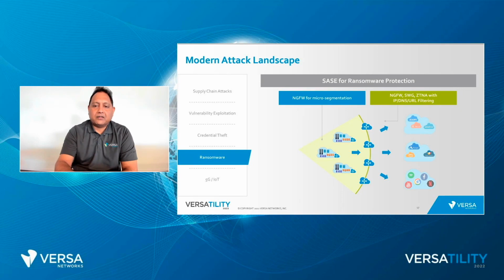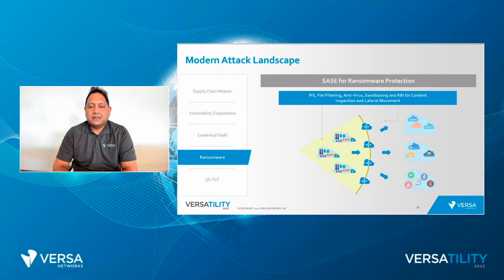And there are more content-based inspection tools like IDS, IPS, file filtering, antivirus, sandboxing, and RBI that can be used at the perimeter layer, so that the ransomware can be detected and blocked effectively at the perimeter.